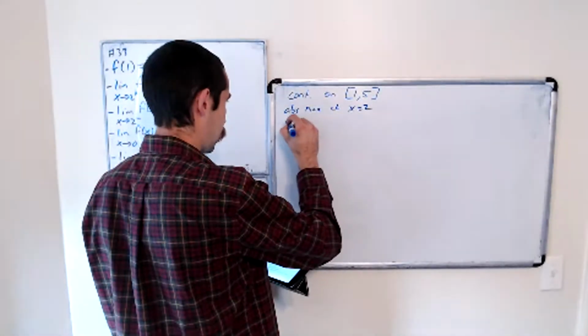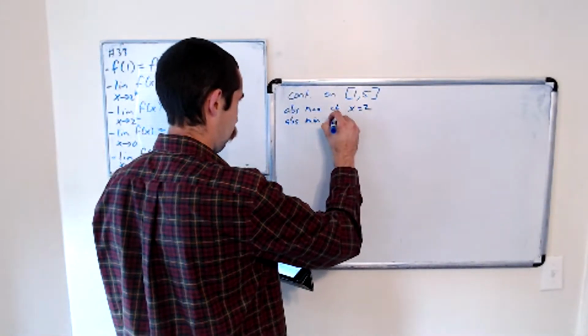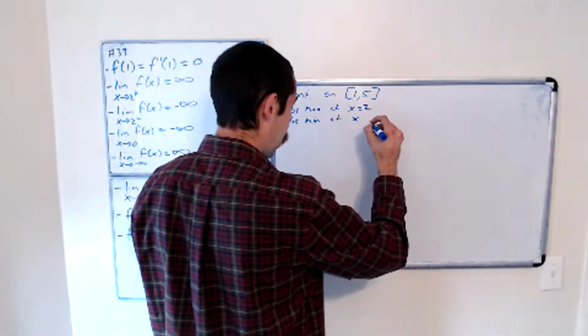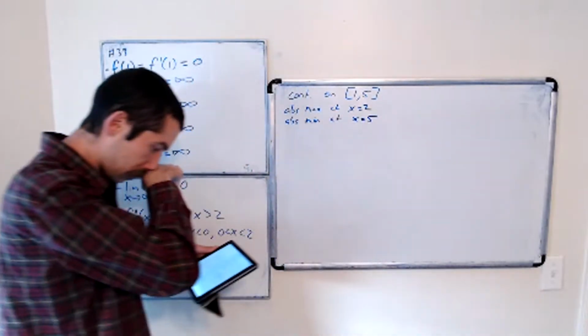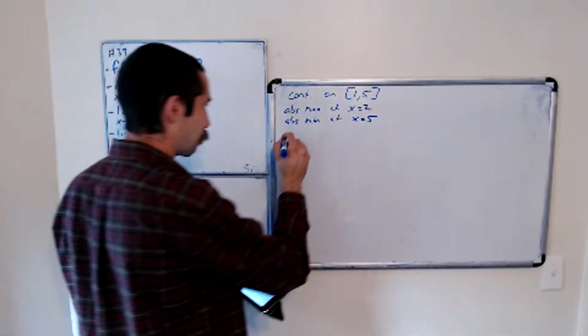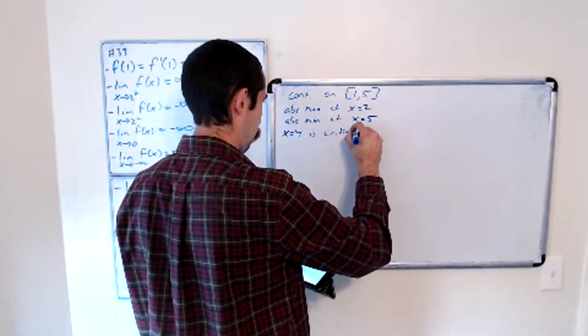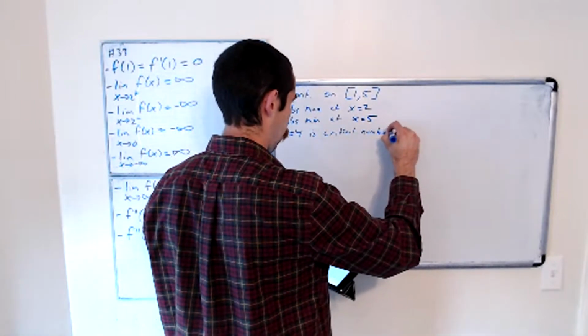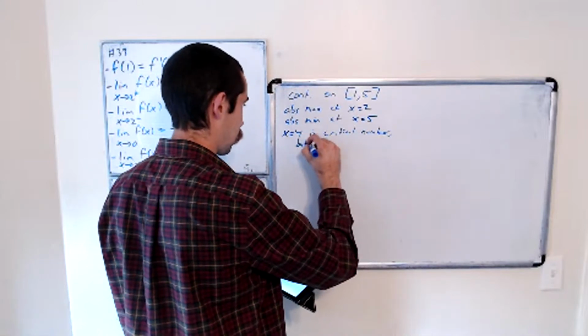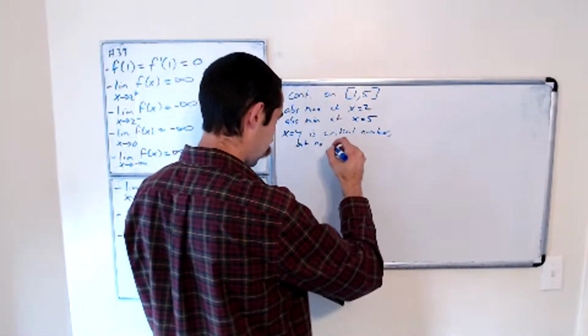Absolute min at x equals 5. Okay, and then x equals 4 is a critical number, but no max or min. No local max or min.